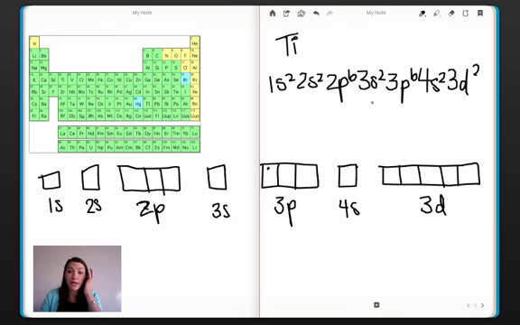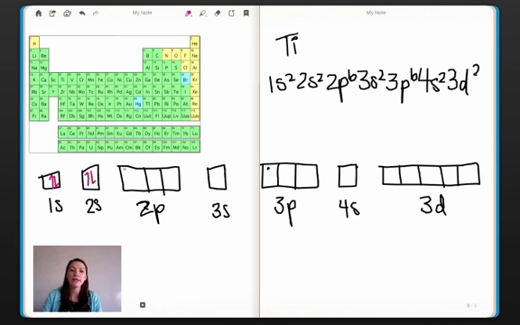So I'm going to switch colors so you guys can start to see the electrons that I'm putting in there, okay? Get my electrons out. All right, so for each of these, I'm going to draw in how many electrons there are. 1s has 2 electrons, so 1 up, 1 down. 2s, also 2 electrons, 1 up, 1 down.